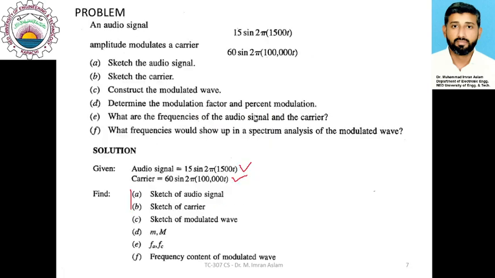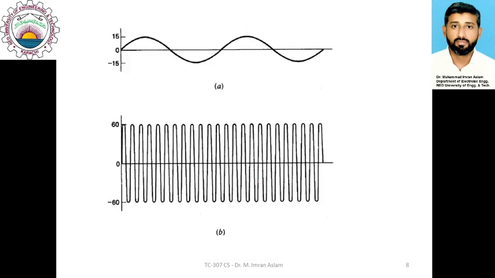Now the second thing is to sketch the modulated wave. We know that the modulated wave is the carrier wave whose amplitude varies in accordance with the message signal. So we have this carrier wave here, and you can see this is representing the modulating signal.